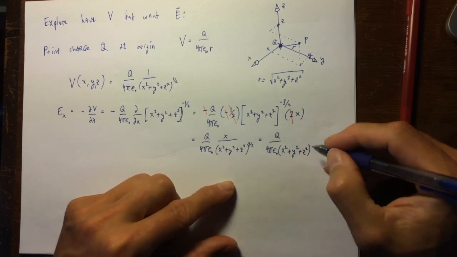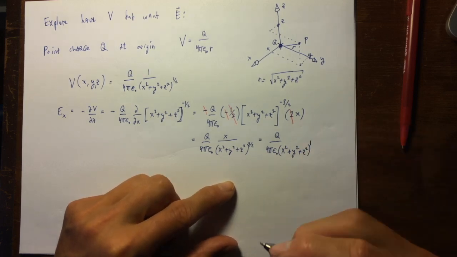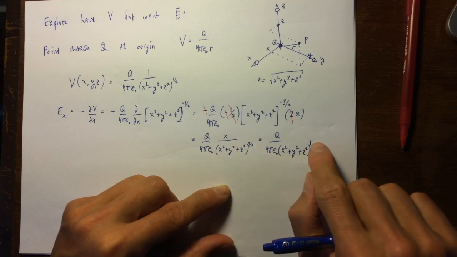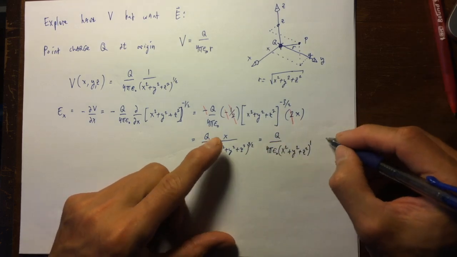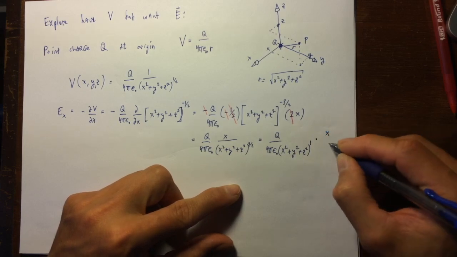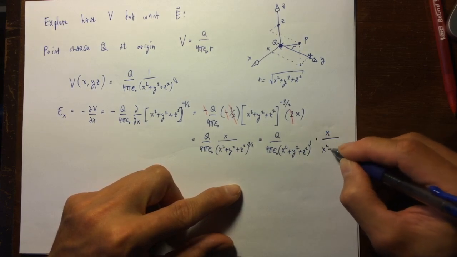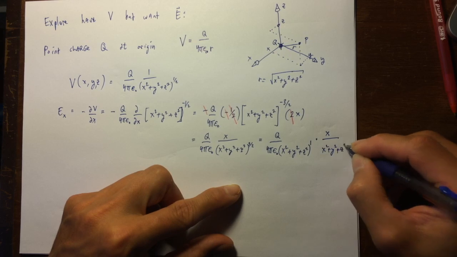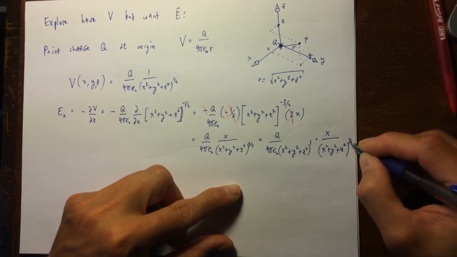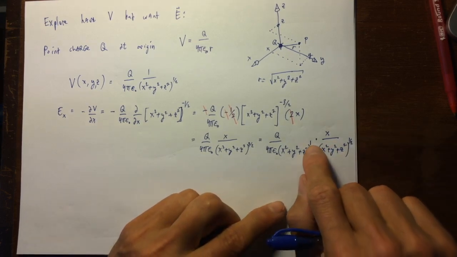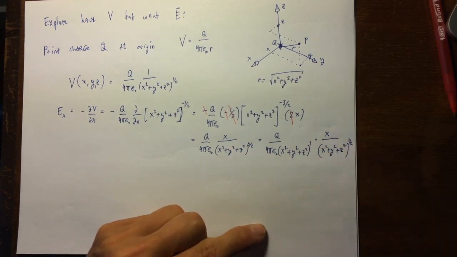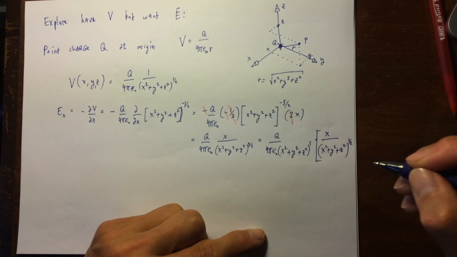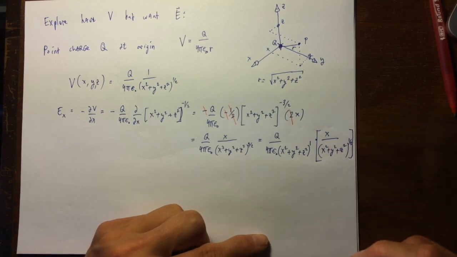I'm going to put it to the first power. So 3 halves is 1 plus a half. So I'm going to multiply that by x over x squared plus y squared plus z squared raised to the 1/2 power. So this is 2 halves plus 1/2, all 3 halves, right? But I've got this extra factor of x. So let me put that in square brackets off to the side.